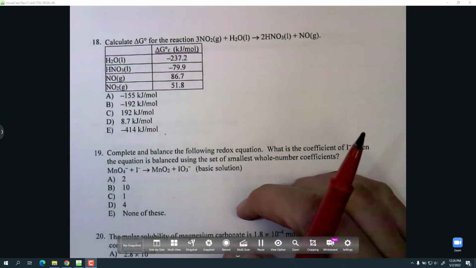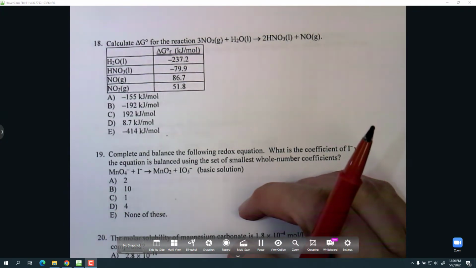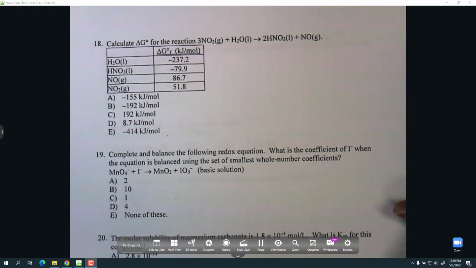Delta G is just products minus reactants, multiply everything by their stoichiometric coefficients.